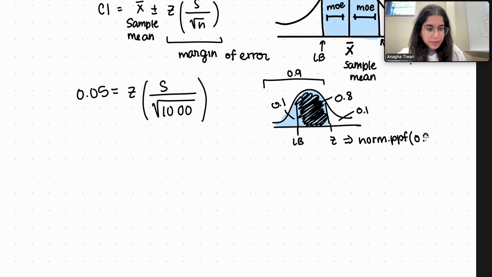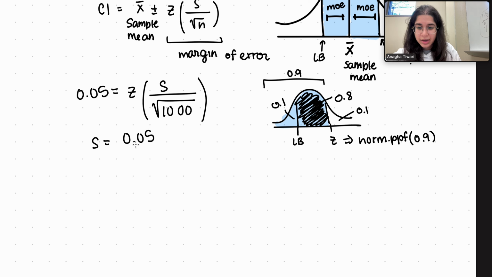I can do norm.ppf of 0.9 to get my z-score for this question. So once I have the z-score, let's go ahead and solve for our sample standard deviation. This is easier. s is going to be 0.05 divided by whatever we get from our z-score, which we will calculate using Python.